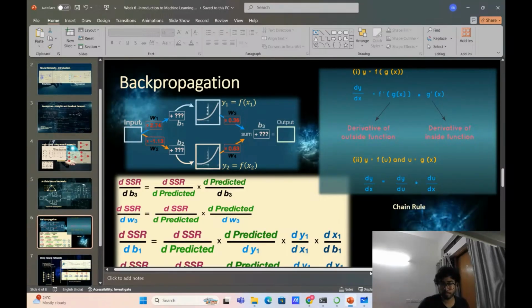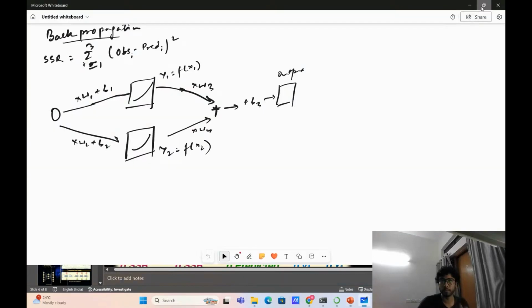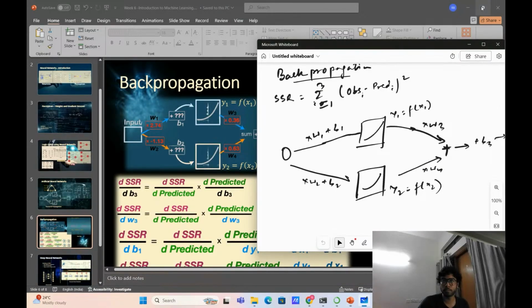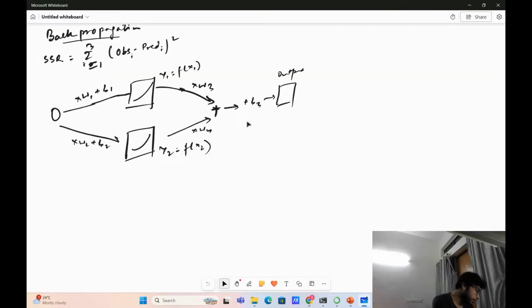Okay, let me go back here. So this is what you do. You give your input, multiply with W1 plus B1, and pass it through the soft plus function to get y1.